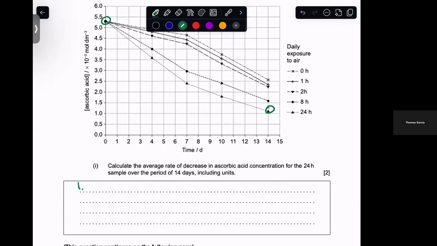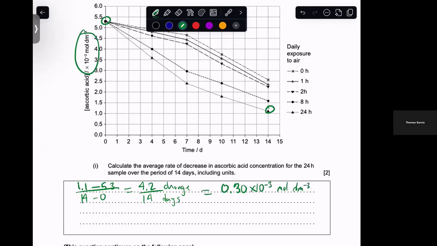I have about 1.1 minus 5.3 for our concentration, divided by 14 minus 0 for our time in days, to get a total of 4.2 change over 14 days, which gets me a grand total of 0.30, and I'm going to add back my units, times 10 to the minus third mole decimeter to the negative 3 divided by days.